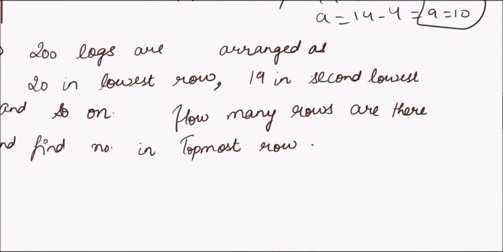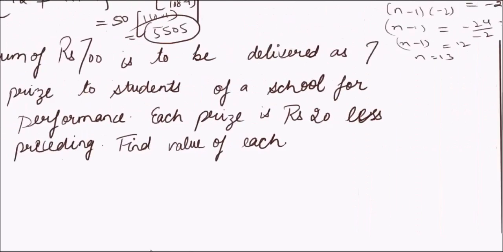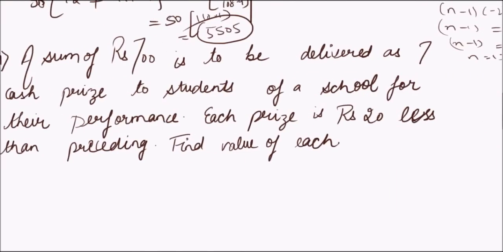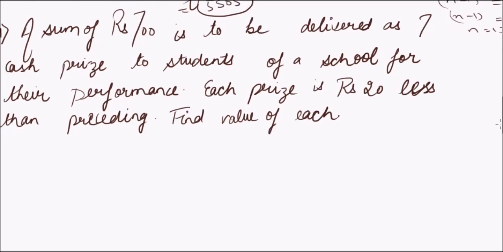Let us move on to the second last question. The question says, a sum of rupees 700 is to be delivered as 7 cash prizes. It says we have rupees 700 and we have to deliver this 700 into 7 cash prizes.